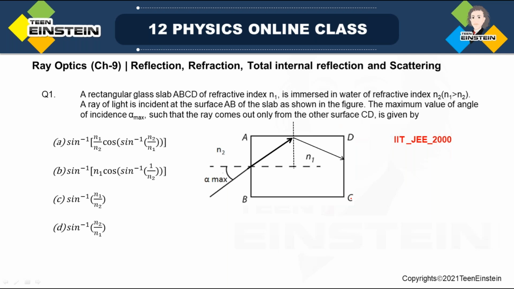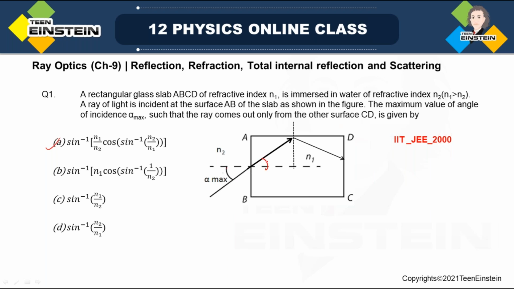Let us do one thing. We have to find the maximum angle of incidence such that the ray comes out from the other surface CD. For the ray which comes out through CD, the maximum angle of incidence will be such that the ray comes out through the CD face.